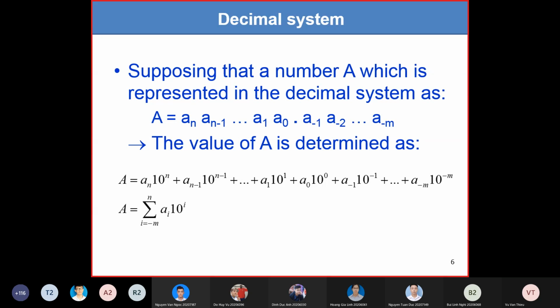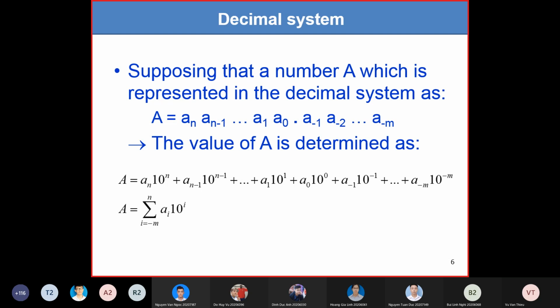We know that 10 power 0 equals 1. That is for the integer part. For the fraction part, a minus 1 we multiply with 10 power minus 1, and so on. In summary, you have a formula.